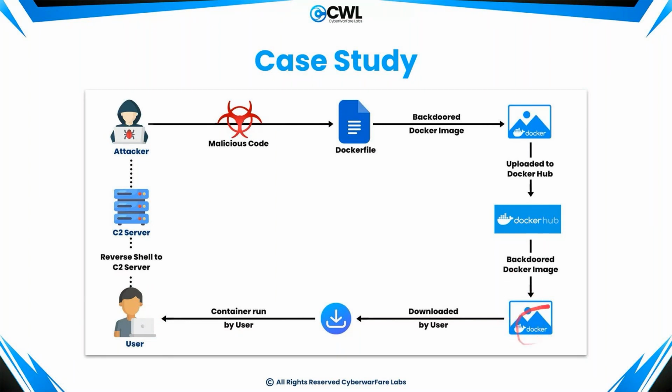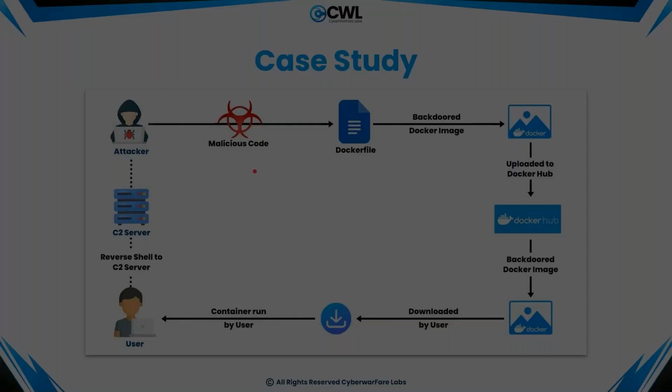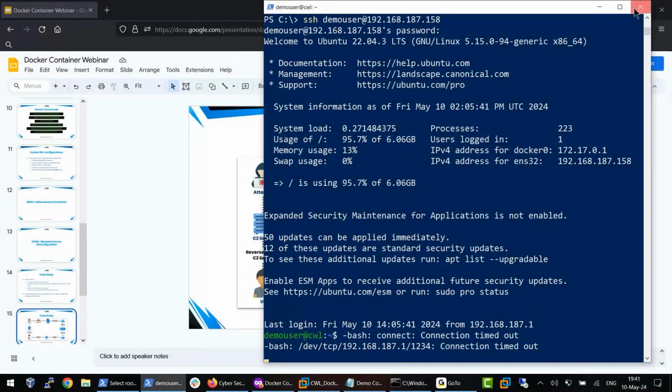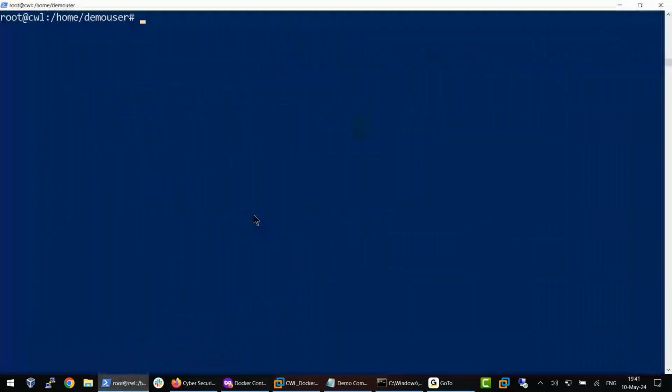As soon as the user downloads this Docker image, that machine will be compromised and the malicious code will be run. That is how the flow looks. Let me show a very quick demonstration of how things look.